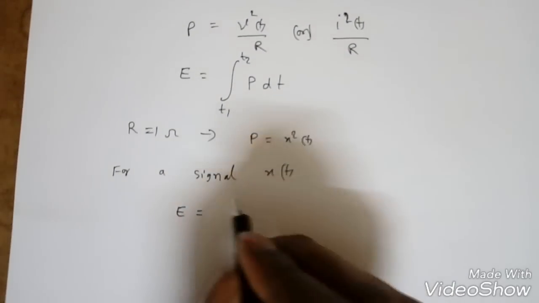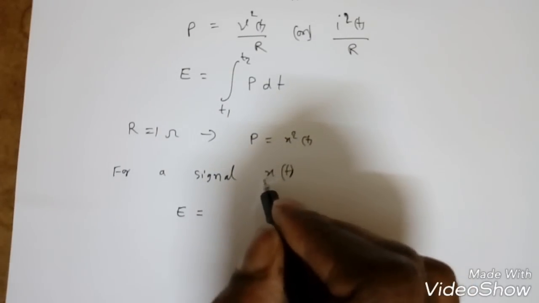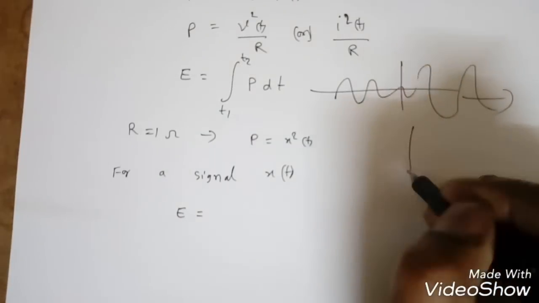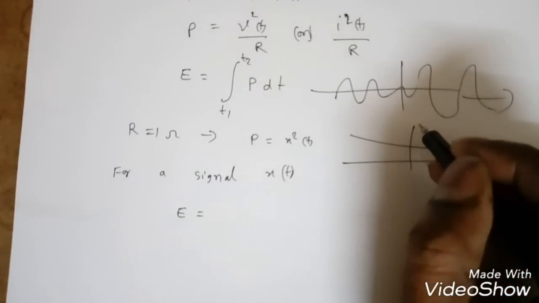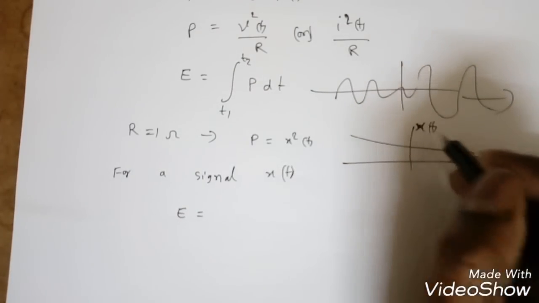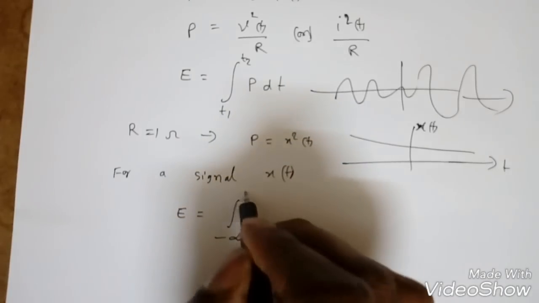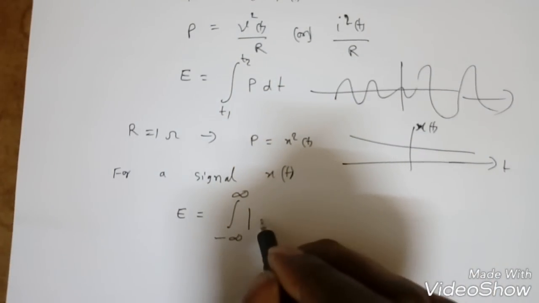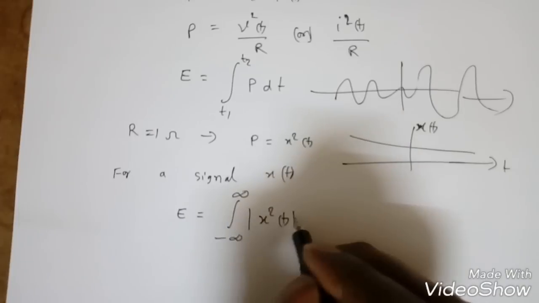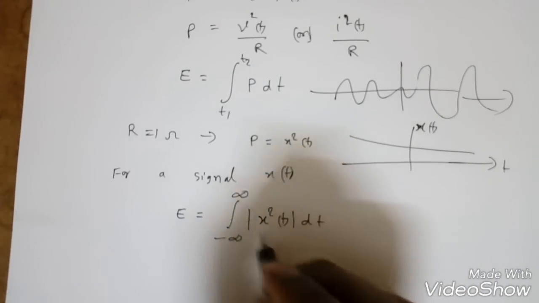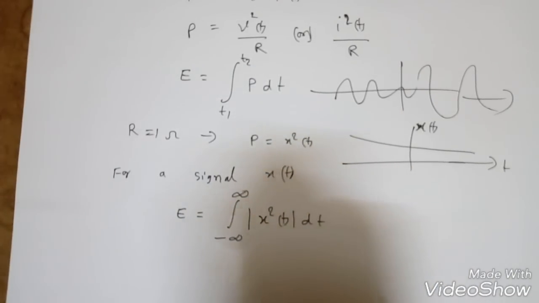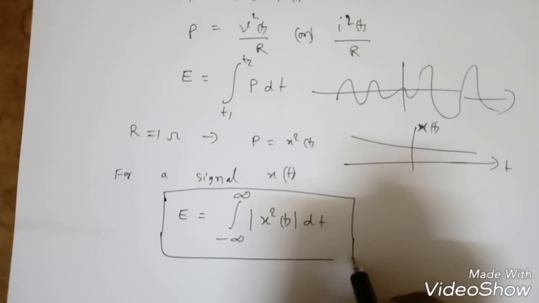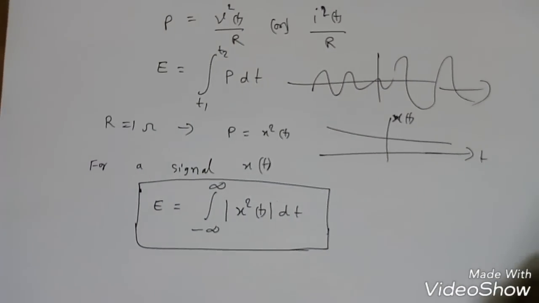Generally physical signals extend from minus infinity to infinity. So we integrate from minus infinity to infinity, and the power is mod x square of t dt. So this is the energy of a given signal. This is about the energy.